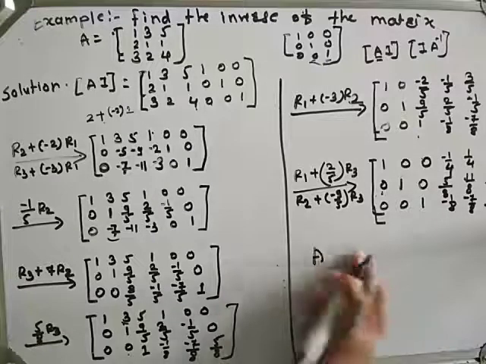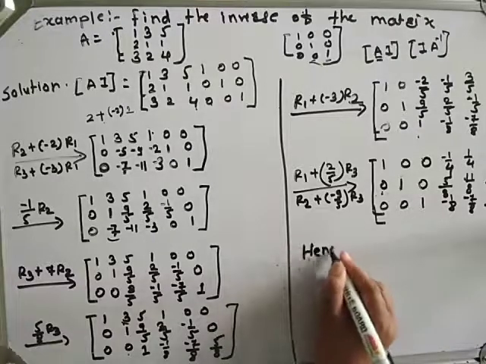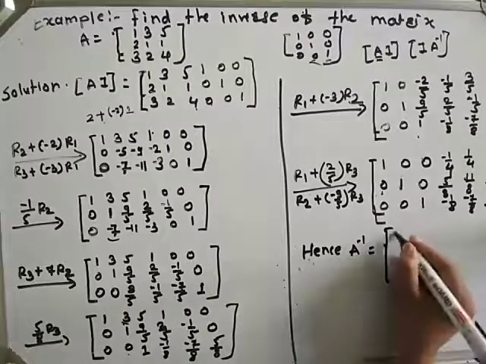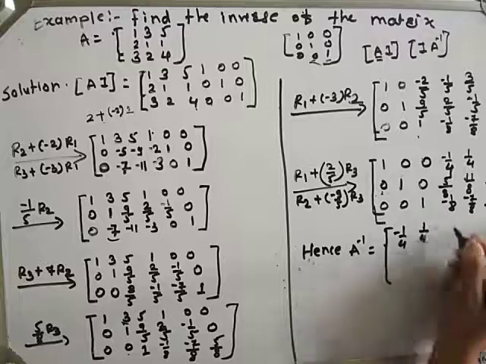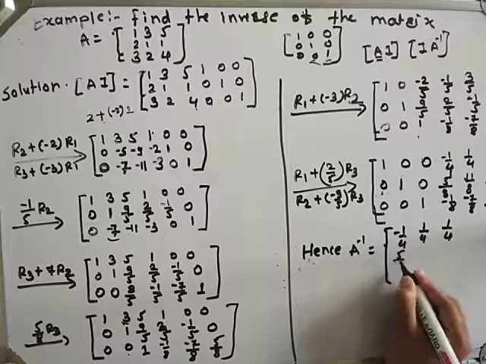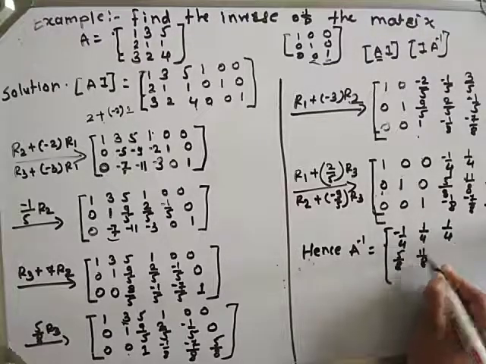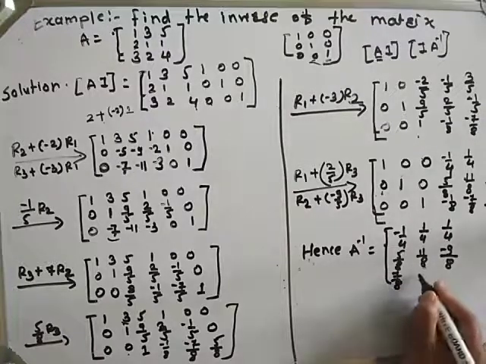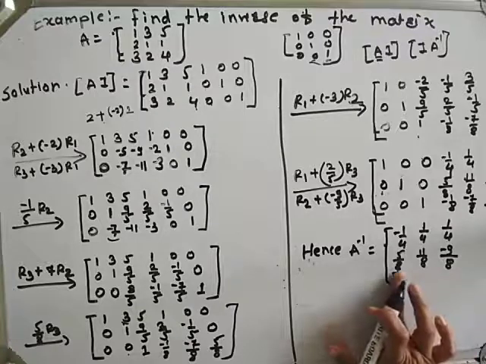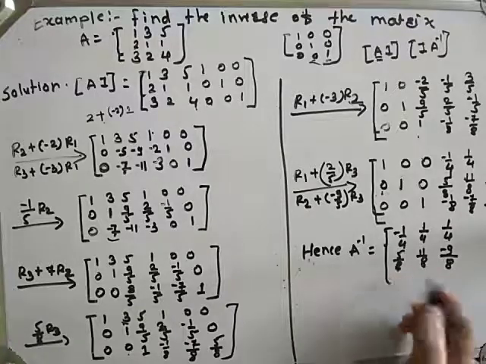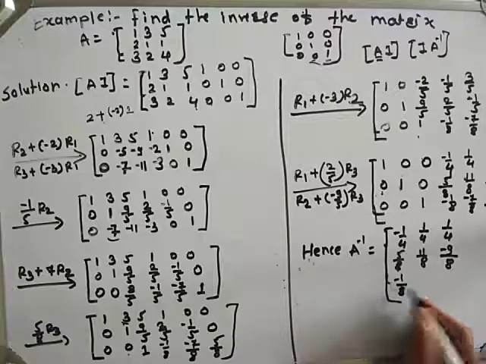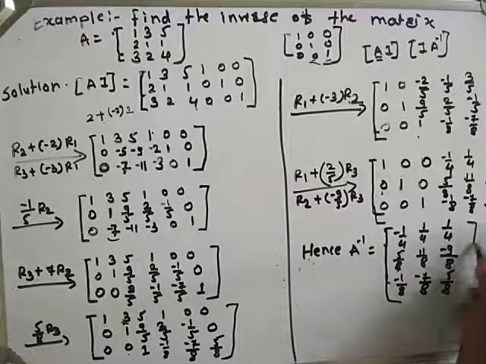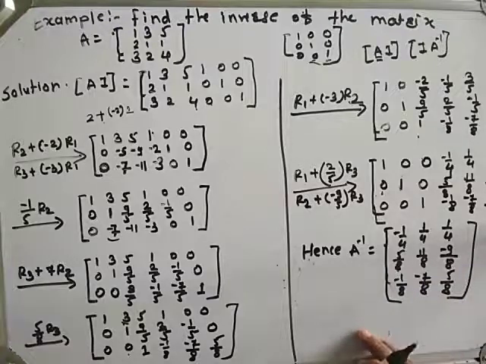Hence A inverse is equal to minus 1 by 4, 1 by 4, 1 by 4, 5 by 8, 11 by 8, minus 9 by 8, minus 1 by 8, minus 7 by 8, 5 by 8. This is the A inverse.